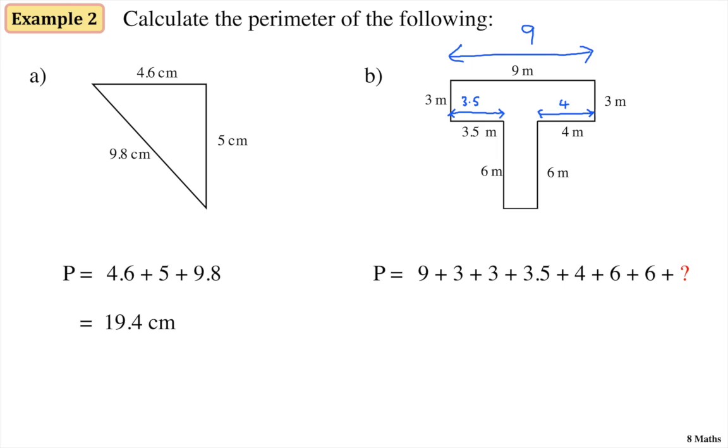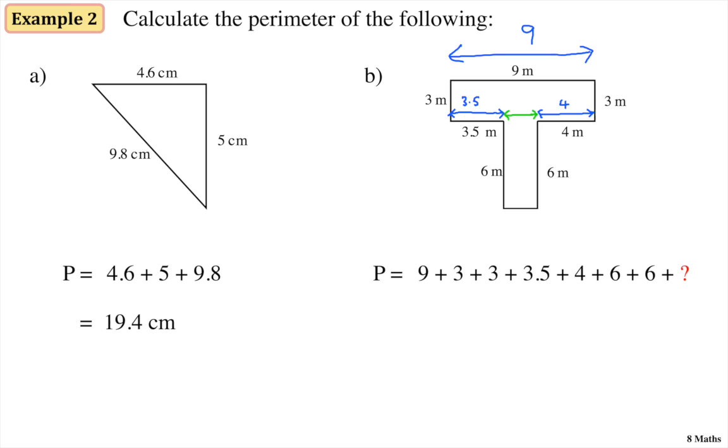What I need to know is how far is that part there. Well, when I look at the 3.5 and the 4, if I plus those two together, 3.5 plus 4 is 7.5. So I know the distance for those 2 blue lines is 7.5, and I know the distance all of the way across is 9.